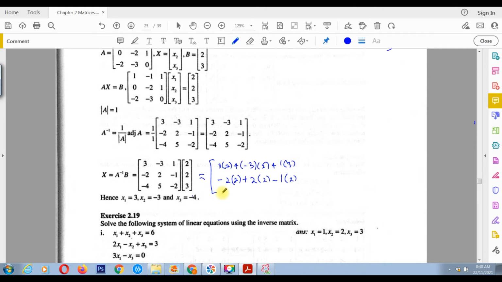Negative 4 times 2 plus 5 times 2 minus 2 times 3. Then you solve this equation, so you will get 3, negative 3, negative 4, and then you make the conclusion. Make sure you put everything in your writing.